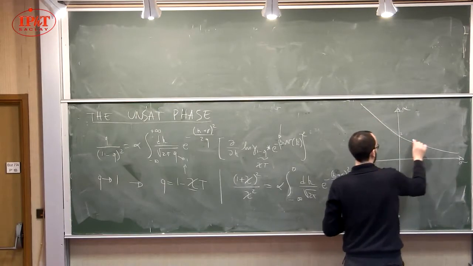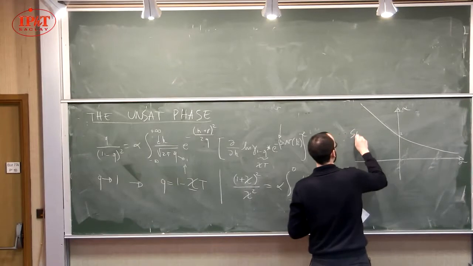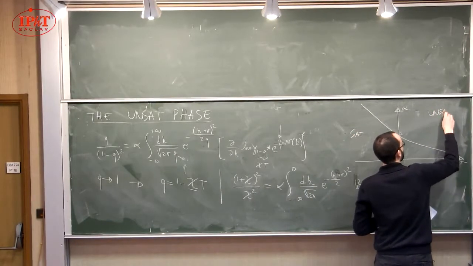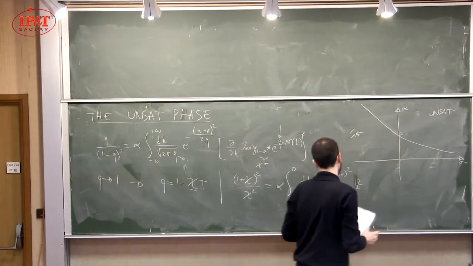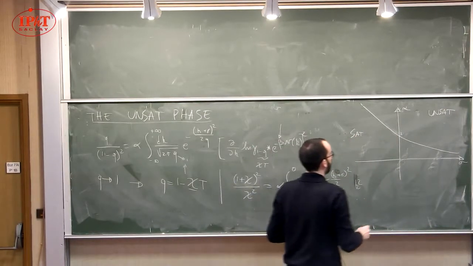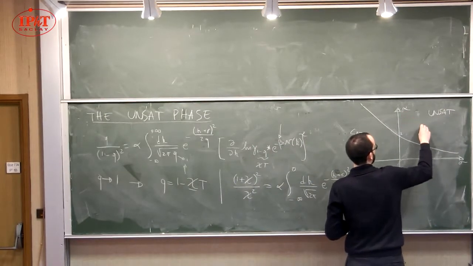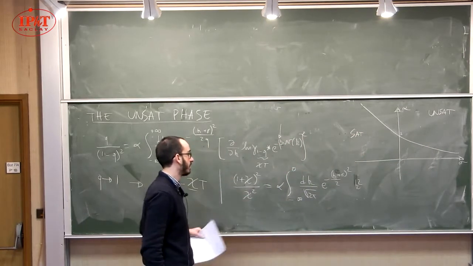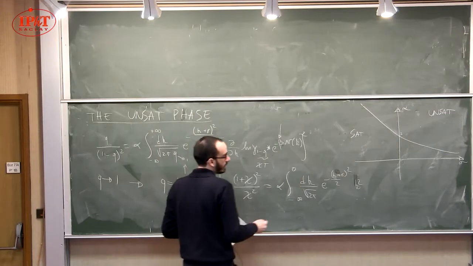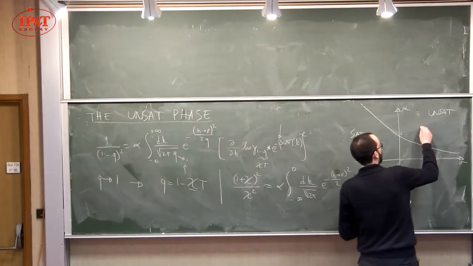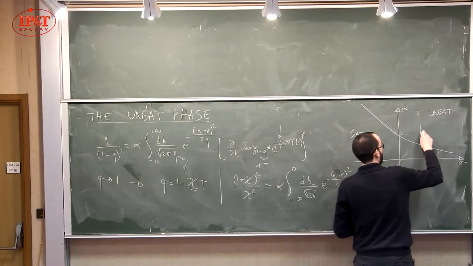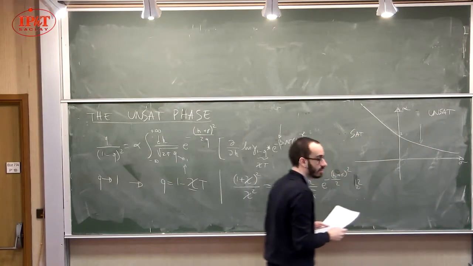Okay, so this is SAT, and here you have Unsat. If you fix sigma and alpha in some point here, you can get the value of chi from this equation. So now what we can do is to try to understand what happens if you are in this unsat phase, and then you go towards the jamming transition line.